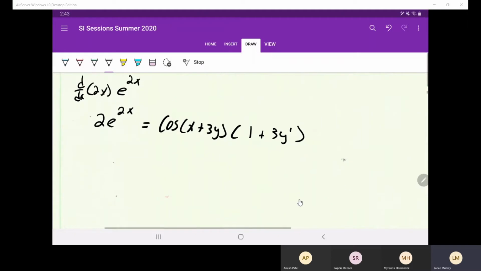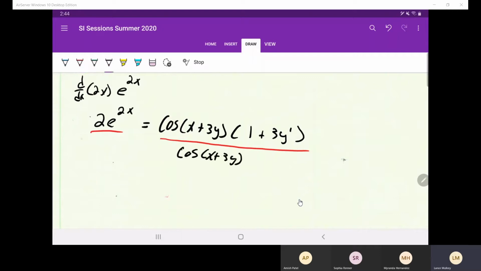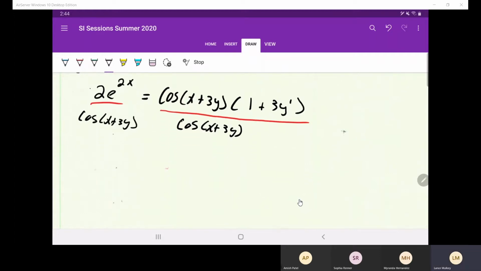So solving for this, divide both sides by, so you end up with, so you subtract 1 from both sides.